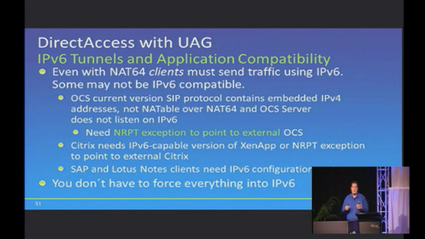For example, I'm using OCS as well at the moment, so that traffic goes just like it went before my VPN or DirectAccess solution. That can be redirected to the external services as well. There's no need to put everything through the DA tunnels.